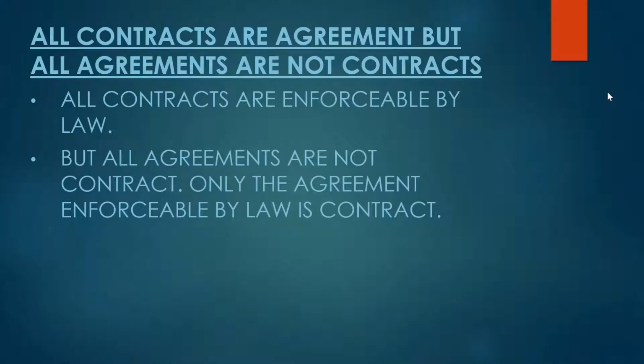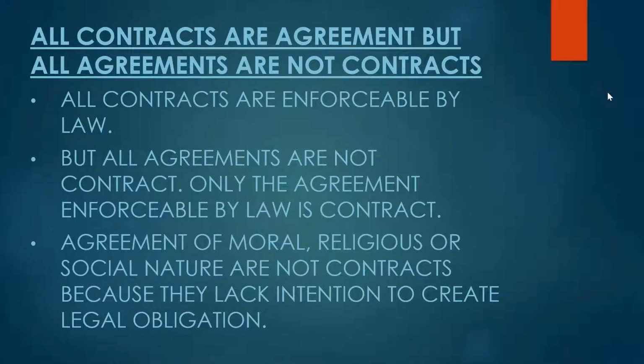No, because to become a contract, it needs to be enforceable by law also. So only those agreements that are enforceable by law are contracts, right? It is generally presumed that agreements of moral, religious, or social nature are not contracts because they lack intention to create legal obligation, right?